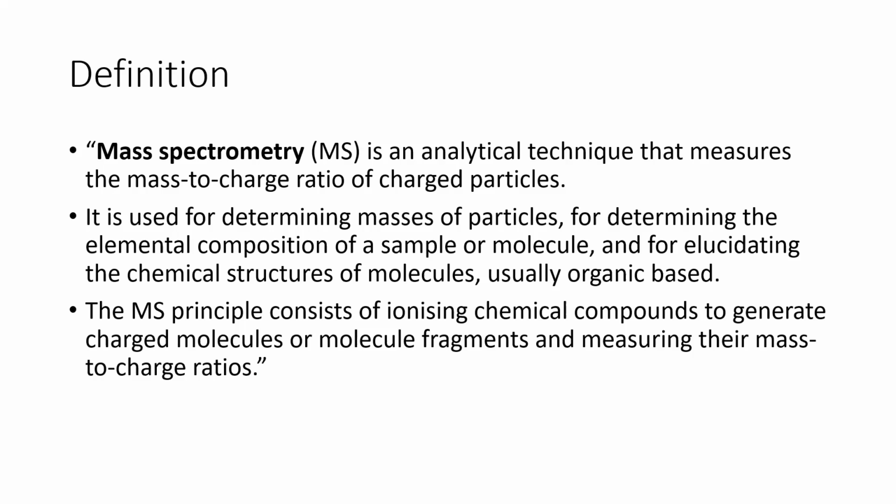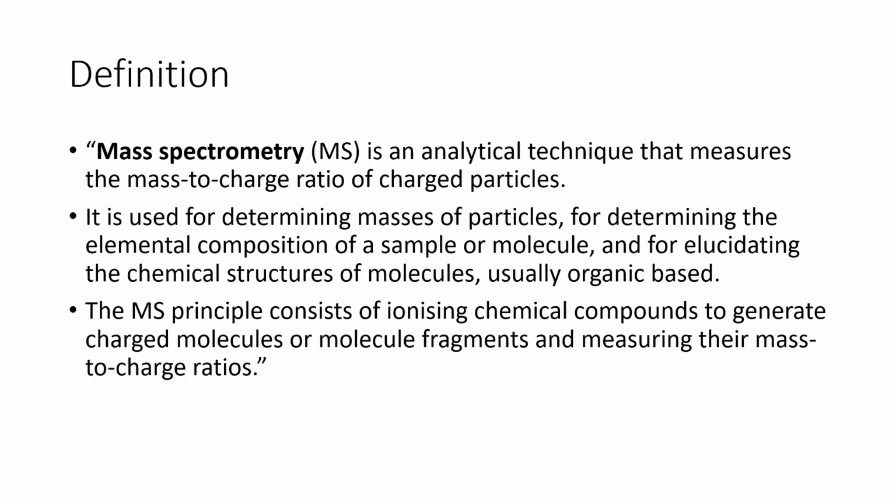So oftentimes, mass spectrometry, in this case, as this course is applied, is for organic compounds. Though later on, there is some mass spectrometry that is used for inorganic, but for this course, we'll be dwelling on the organic compounds that are elucidated using mass spectrometry.